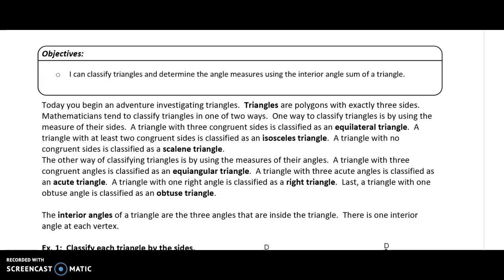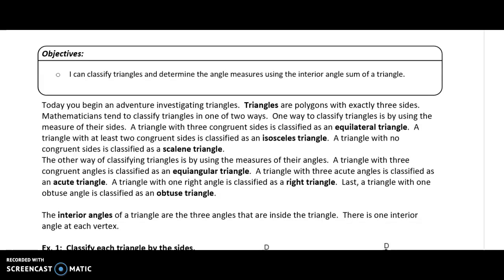As you know, triangles are polygons with exactly 3 sides. And depending on the measurement of the sides, you can classify any particular triangle.